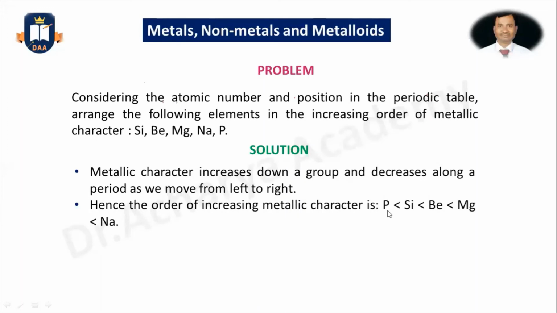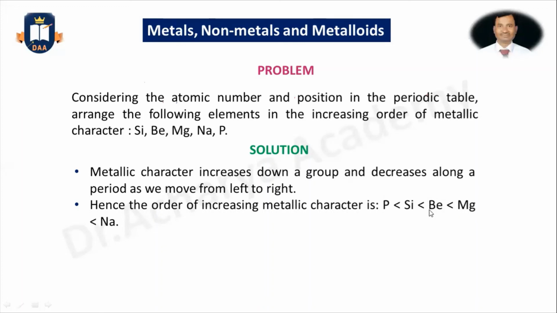Phosphorus has the least metallic character and sodium has the most metallic character. Obviously sodium is in group 1, and magnesium belongs to group 2, so in respect of metallic character it will come second.